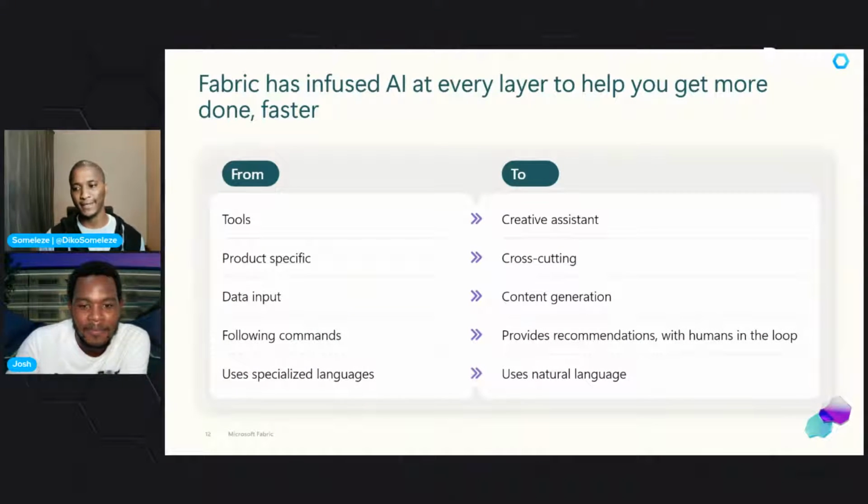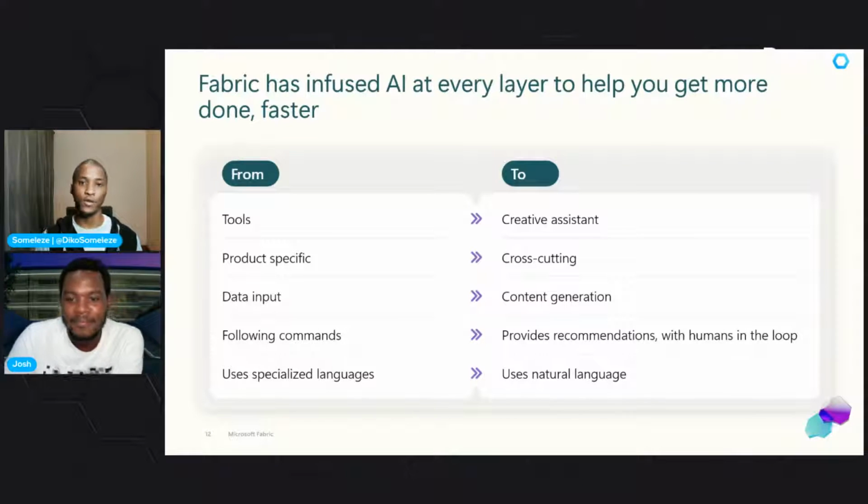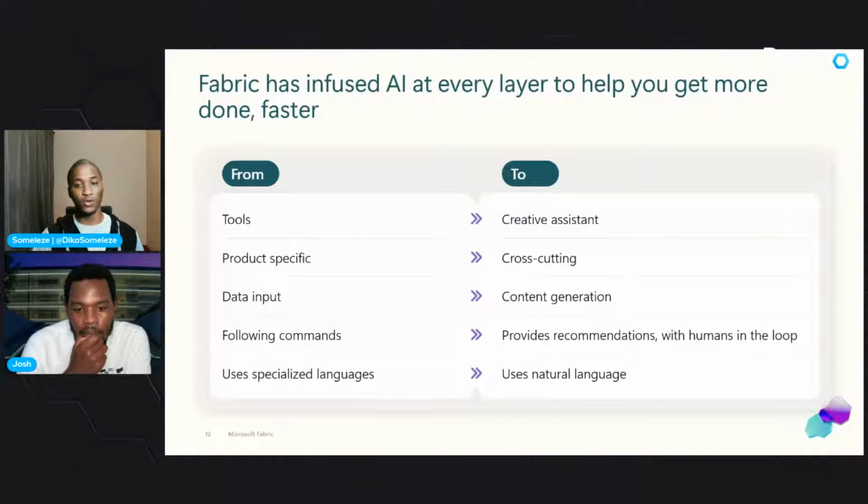So with Copilot accelerated solutions, we can move away from product-specific tools that require niche expertise to focus on turning your ideas into reality using Copilot within Microsoft Fabric. So Copilot is actually designed to benefit everyone at every level in every organization, whether you're a business user or a pro coder.